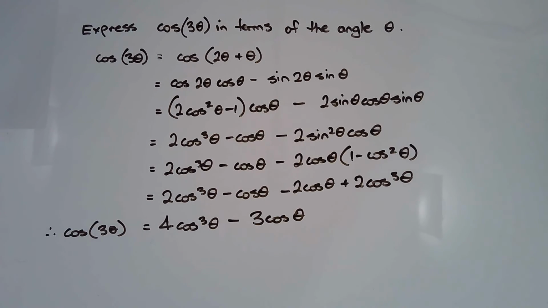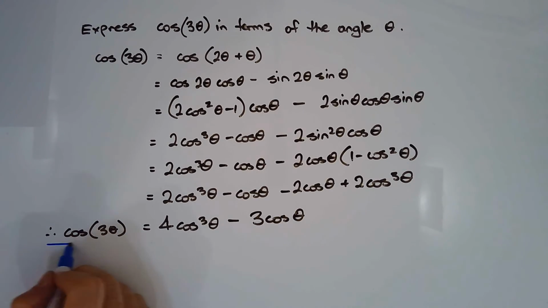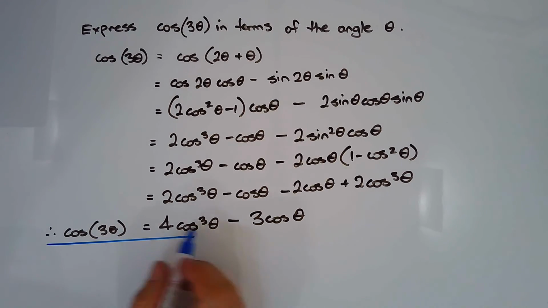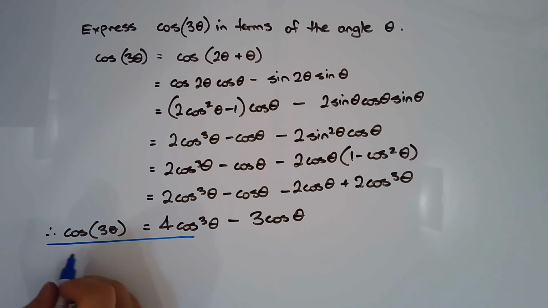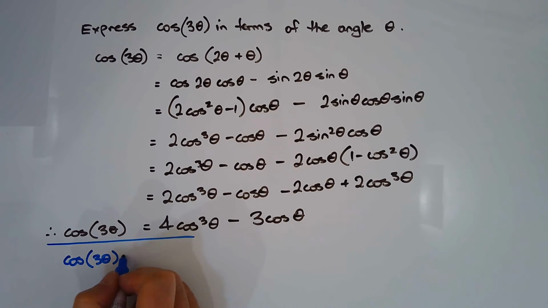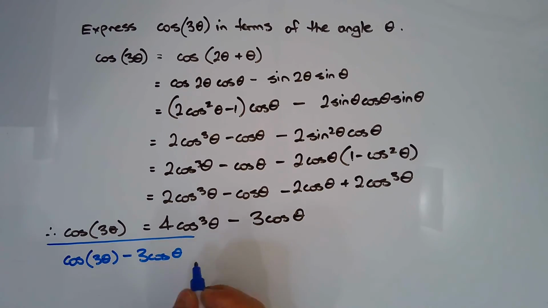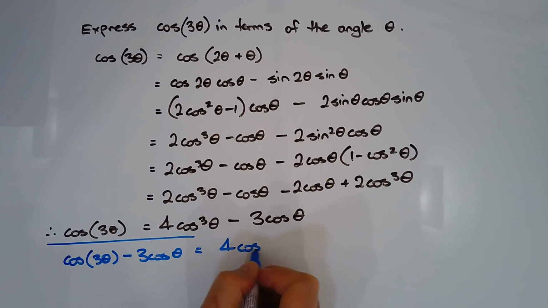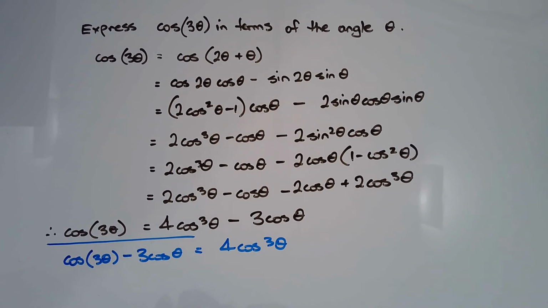Now I'm going to go one step further here, and I'm going to make cos cubed the subject of the formula. So just as an extra to this video, if we make cos cubed theta the subject, that's cos of 3 theta minus 3 cos of theta is equal to 4 cos cubed theta.